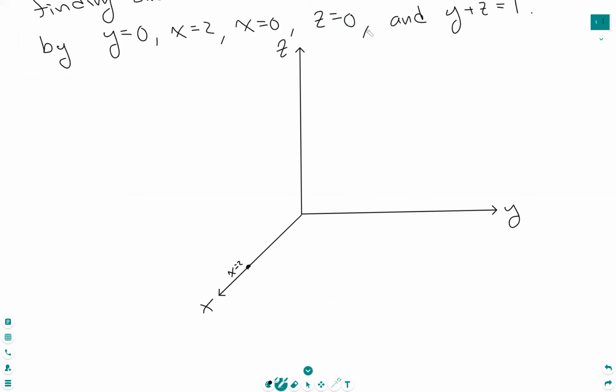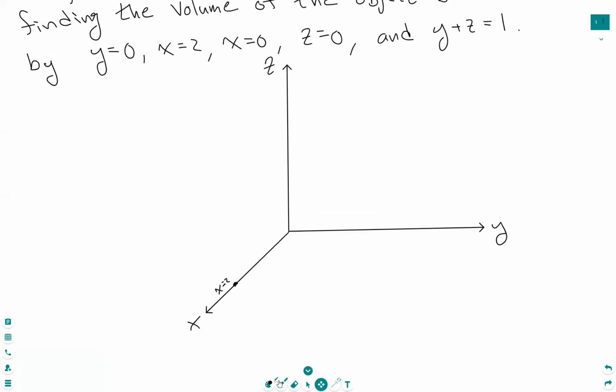Then we have the z equals 0 plane, which is the xy plane, so the bottom here. Then we have y is equal to 0, meaning the zx plane. And then we have this plane, this y plus z is equal to 1. So this actually creates, let me actually do straight lines here.